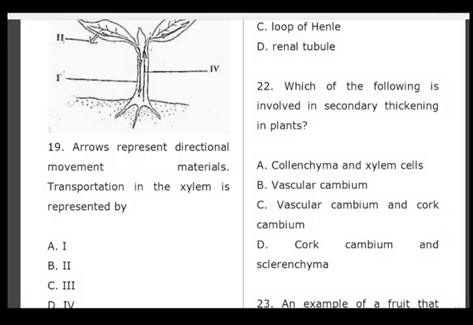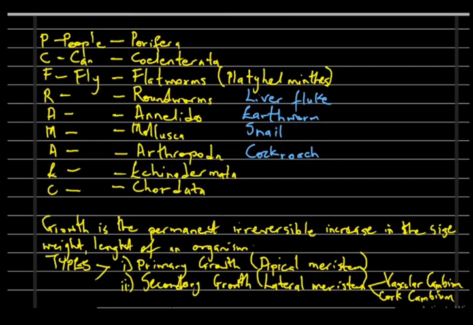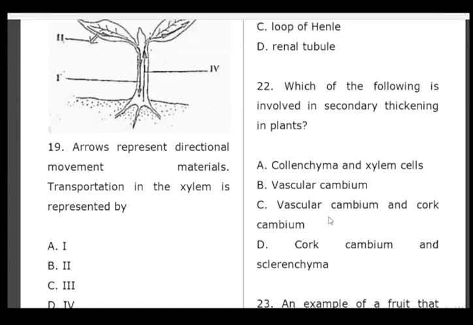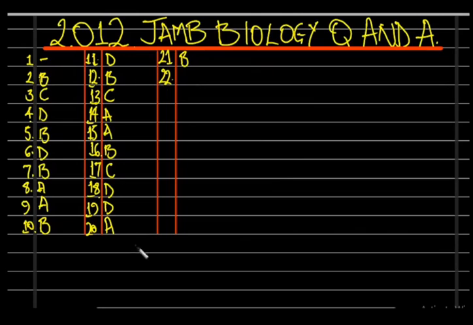If we look at our notes, we talked about the types of secondary growth, which takes place in the lateral meristem. It is of two types. We have the vascular cambium as well as the cork cambium. So number 22 is option C.